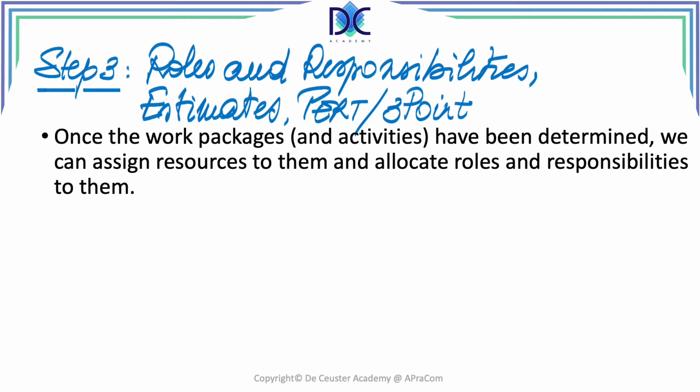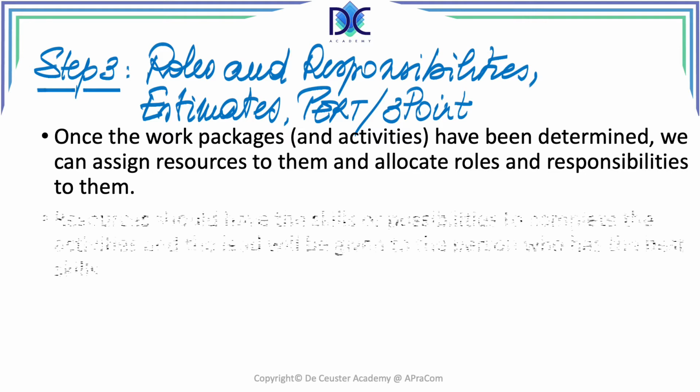We have to identify that the people or the material resources that we allocate to those activities have the possibility to create the deliverables. So when we need a pilot of a 737, we need a pilot certified for 737, and of course a 737 Boeing airplane that the pilot can use to fly from A to B.